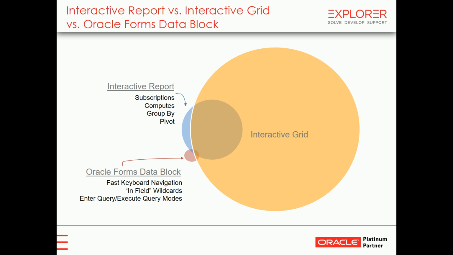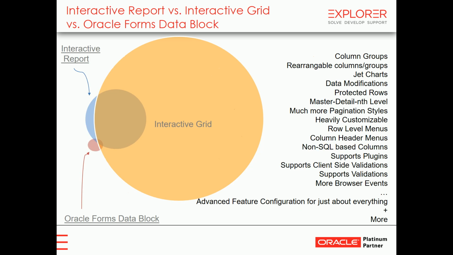In terms of eclipsing all the features within the Oracle Forms data block, well, I think it's got all the features, in my opinion. And if you're holding back moving to Apex because of this multi-record data block facility, then now's the time to move and start to look at interactive grid and see if it can solve your business requirements. Okay, let's move on.